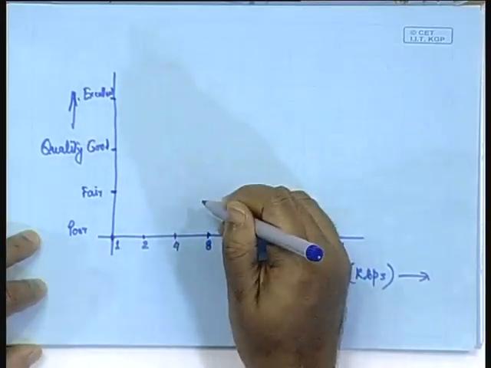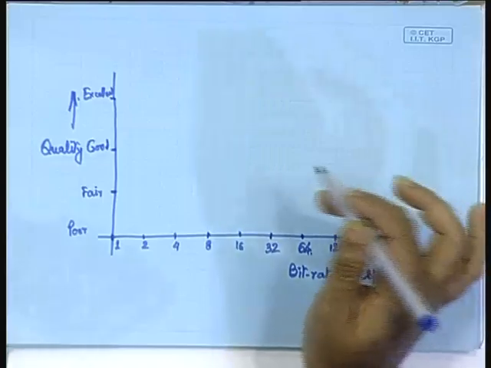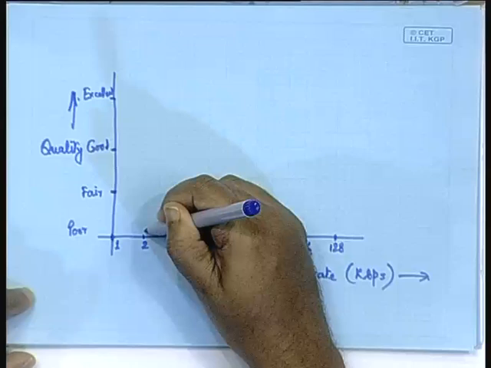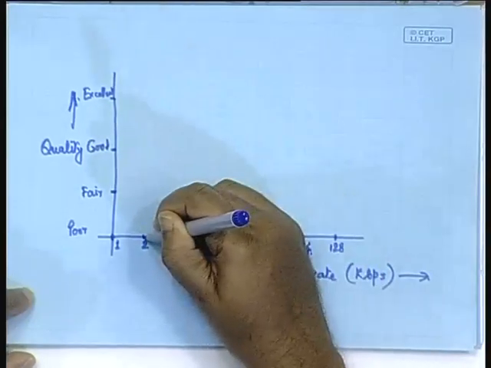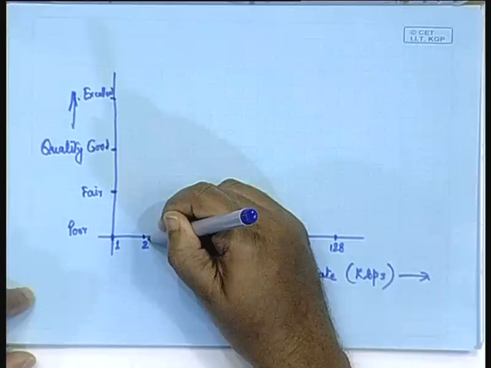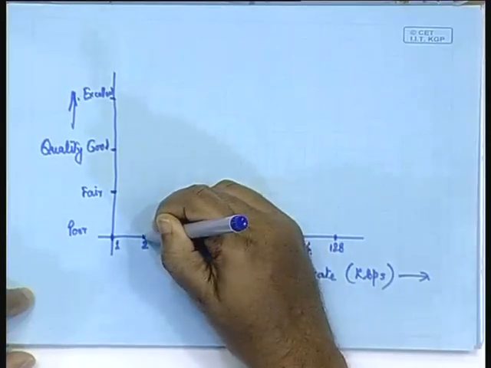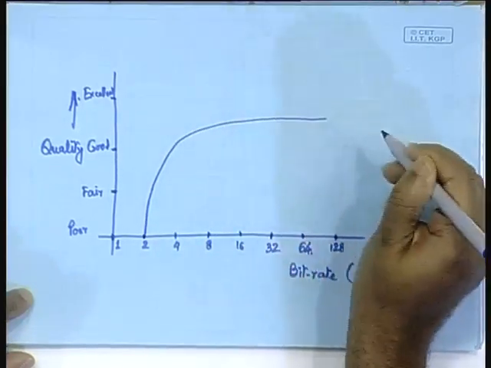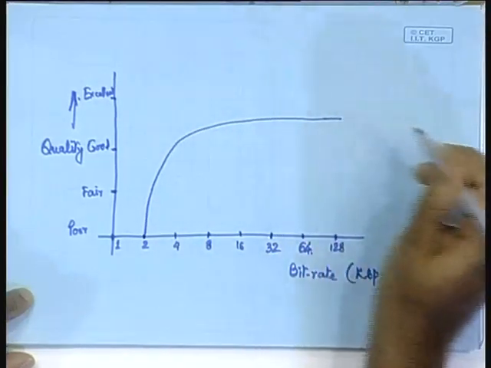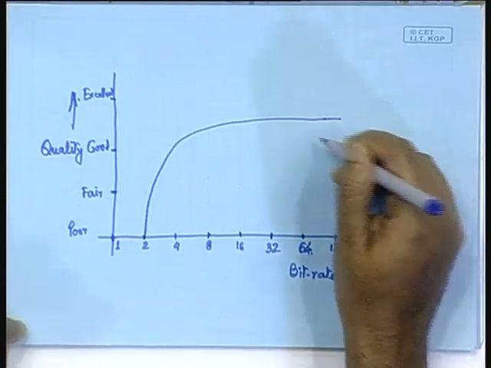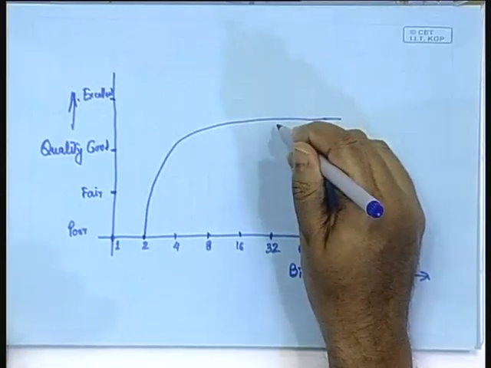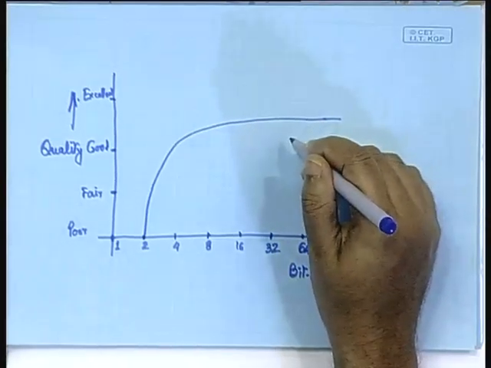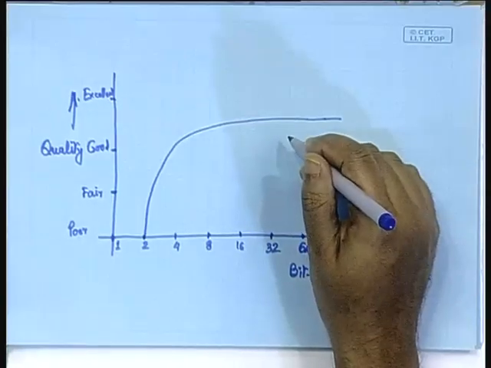So if we draw a curve, based on a number of listeners' observations, the listeners normally tend to have a rating something like this: at 2 kilobits per second, they would definitely call the presentation poor, but when you go in for a higher bit rate, your quality improves. But beyond a certain point, like here, after 32 kilobits per second to 64 kilobits per second, the improvement may be just marginal.